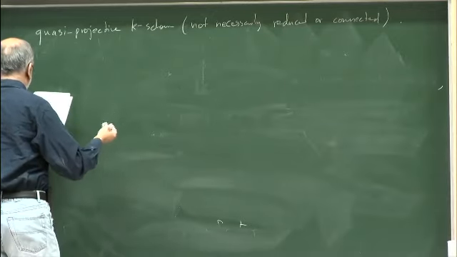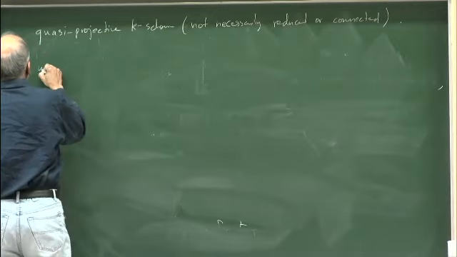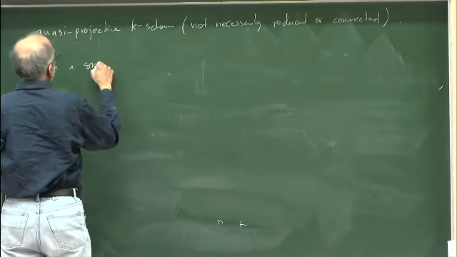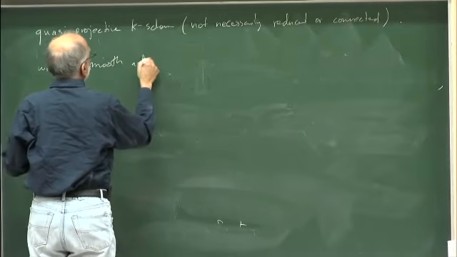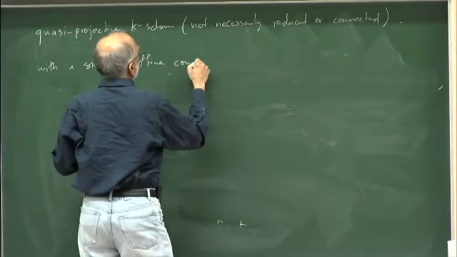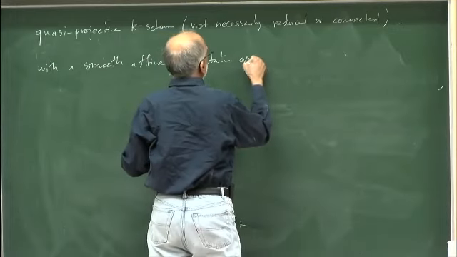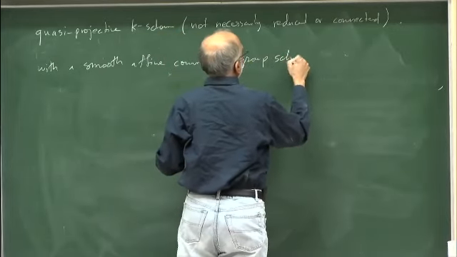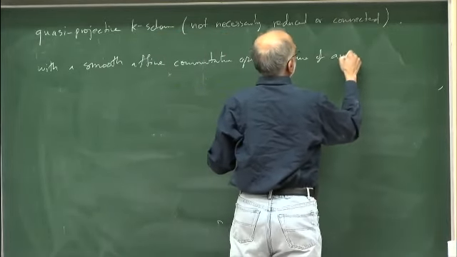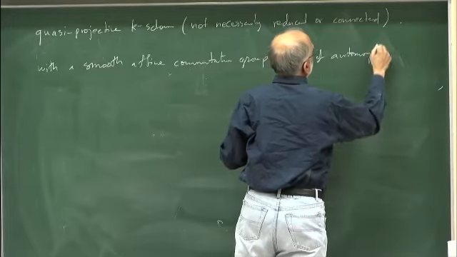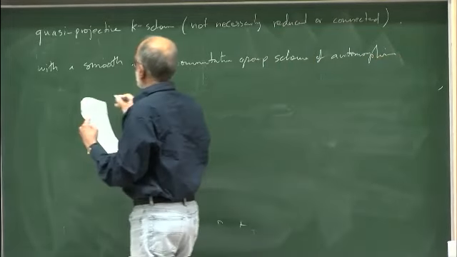Also the bases are quasi-projective with a smooth, affine, commutative group scheme of automorphisms for each object.